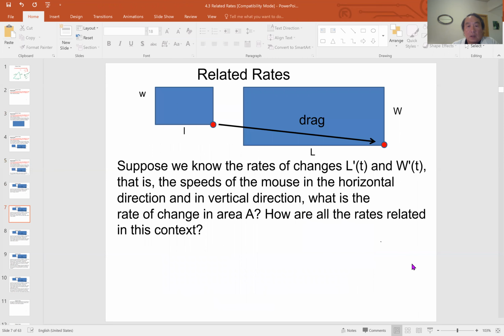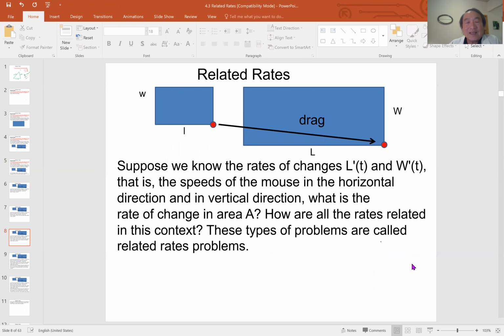So these type of problems are when a variable is based on various other variables, and when the other variables change, each has its own rate with respect to the variable t. Then the question is how they piece together to give you the change of the original variable.